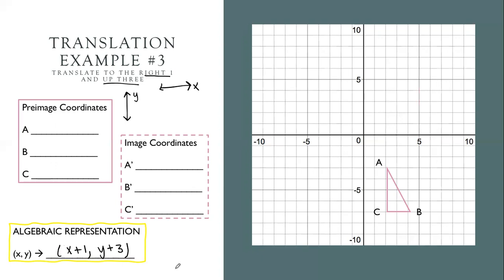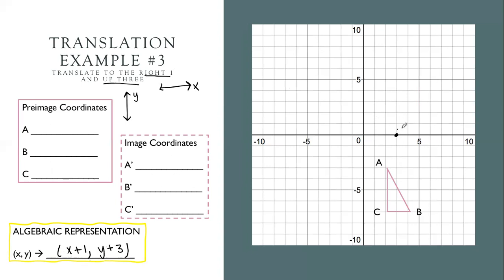Okay? But I'm still going to do this anyways, because I think some people still don't understand it. So doing a little extra will help you with the algebraic representation. So I'm going to go ahead on my paper, do the translation. You can go ahead and do it on your paper too. I'm going to start with my A. I'm going to the right one and up 3. Right one, up 3.